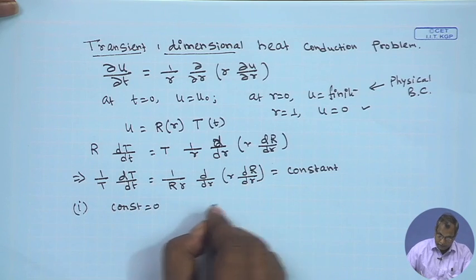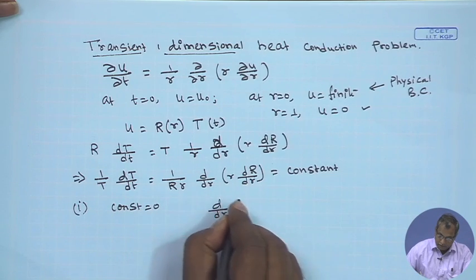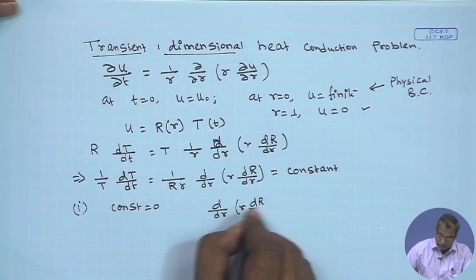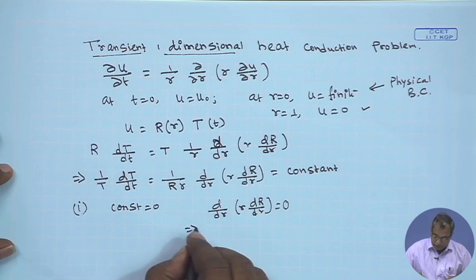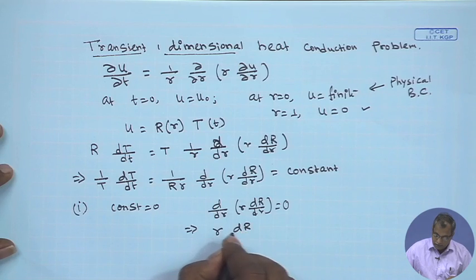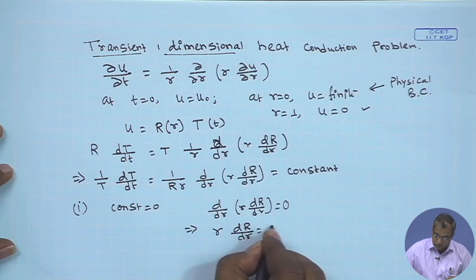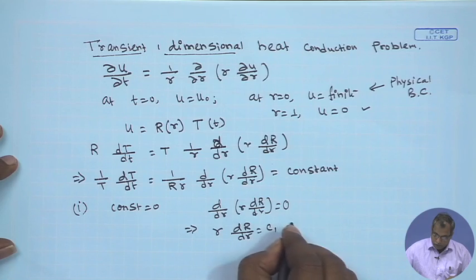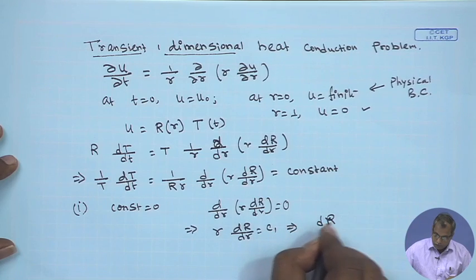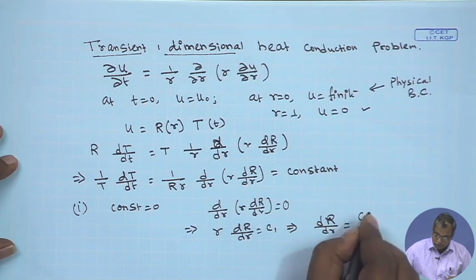If that is the case, then d dr of r dR dr will be equal to 0. This means r dR dr will be equal to a constant C 1. So dR dr is equal to C 1 by r.